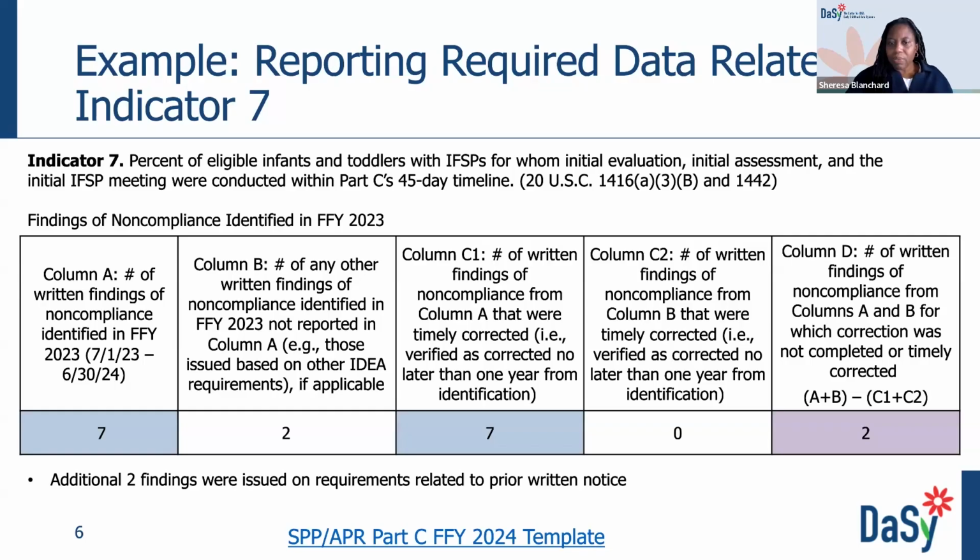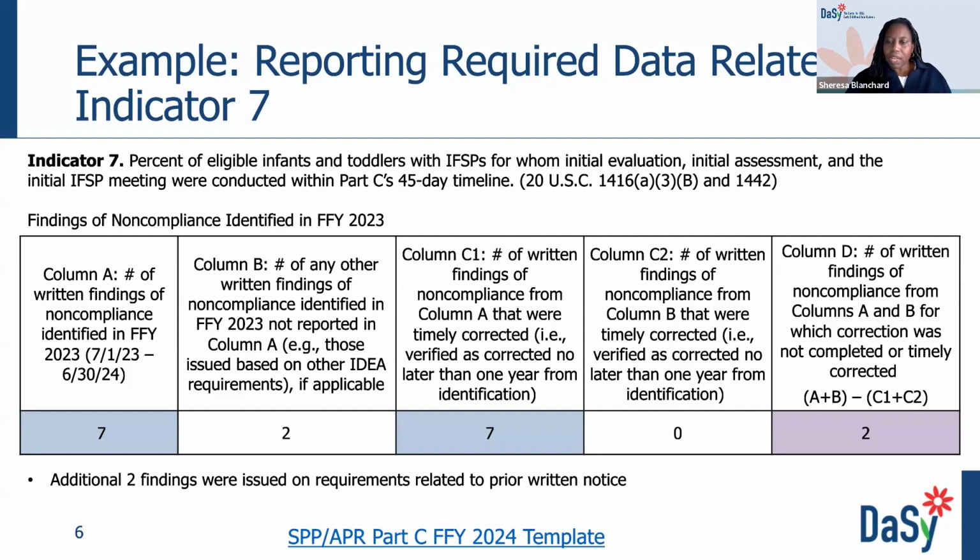So in the table, we have the findings of noncompliance identified in fiscal year 2023. In that first column, column A, was the number of written findings of noncompliance identified, and that was 7. In column B, we have the number of any other written findings of noncompliance identified.